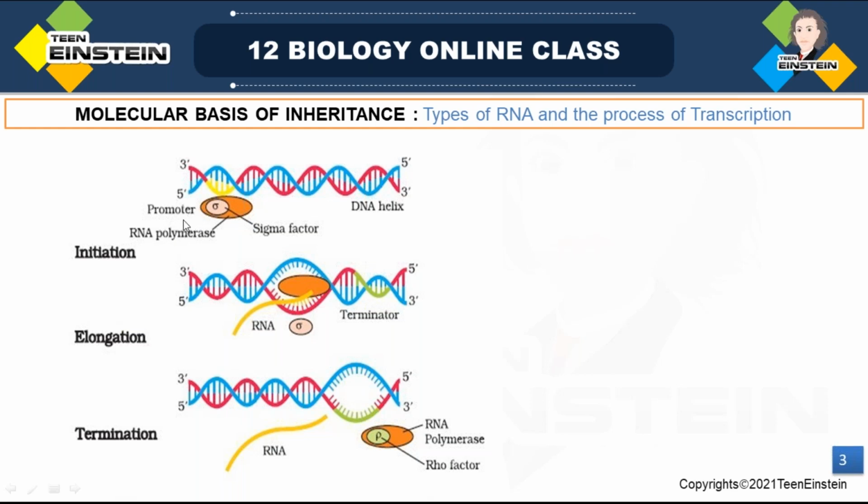So the DNA dependent RNA polymerase binding to that particular promoter region is called initiation in transcription. We are talking about transcription. Okay, so here in this stage also, it is following the rule of complementarity, complementary base pairing.